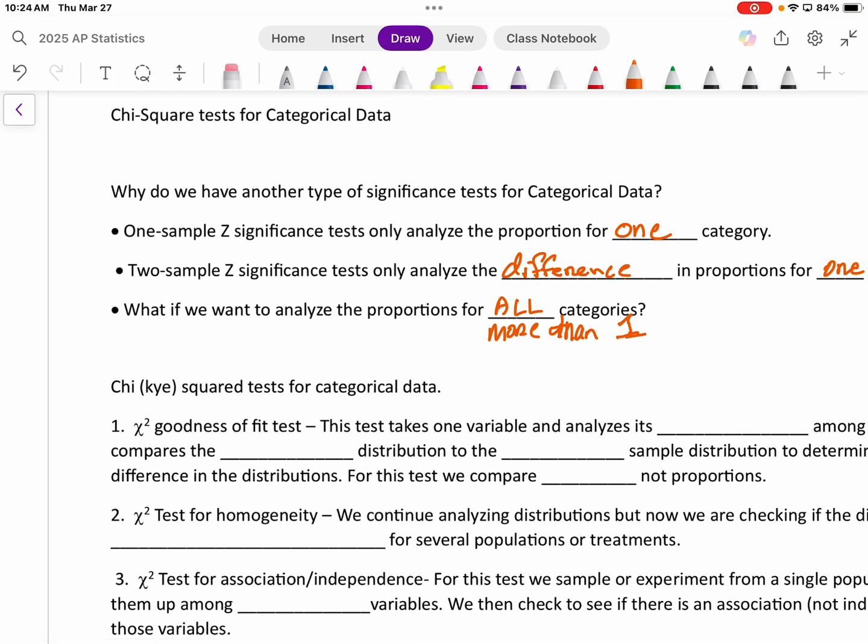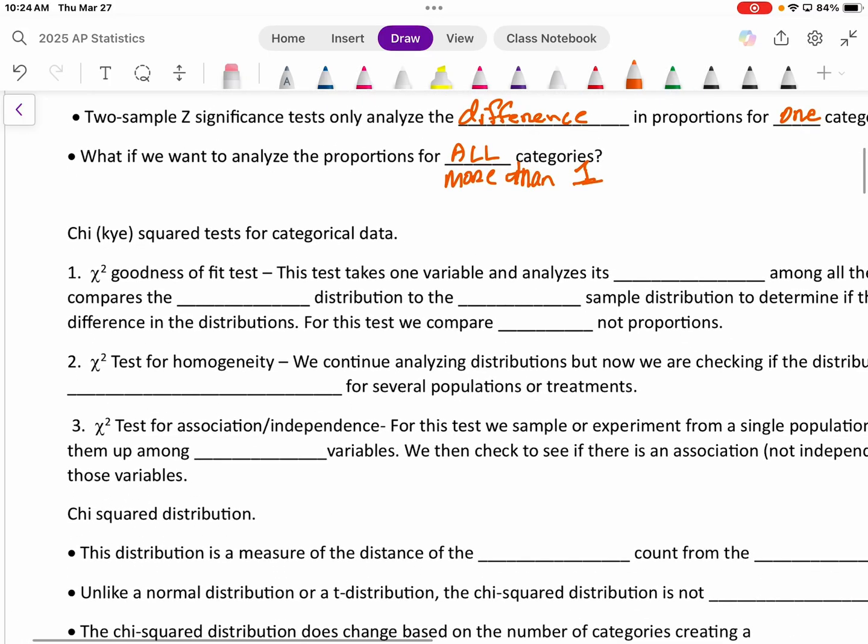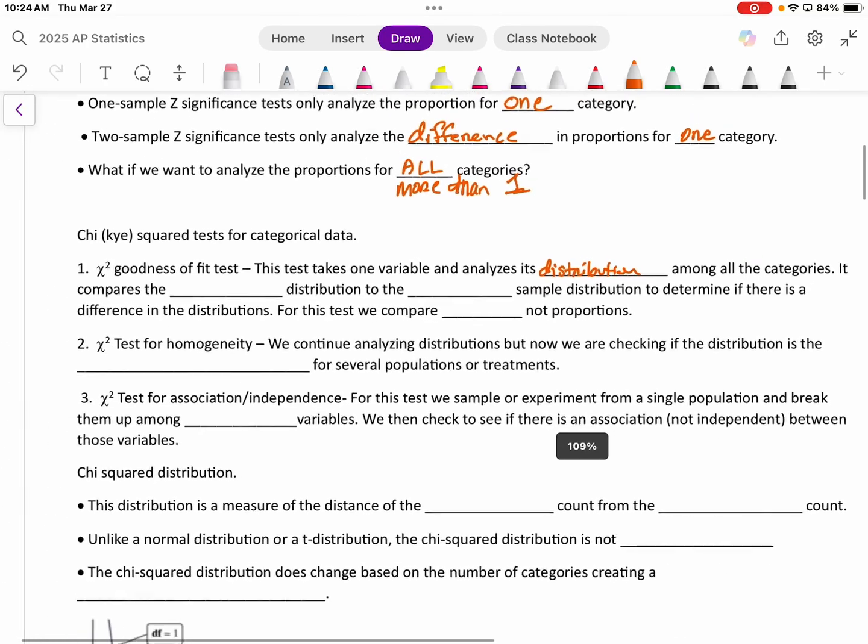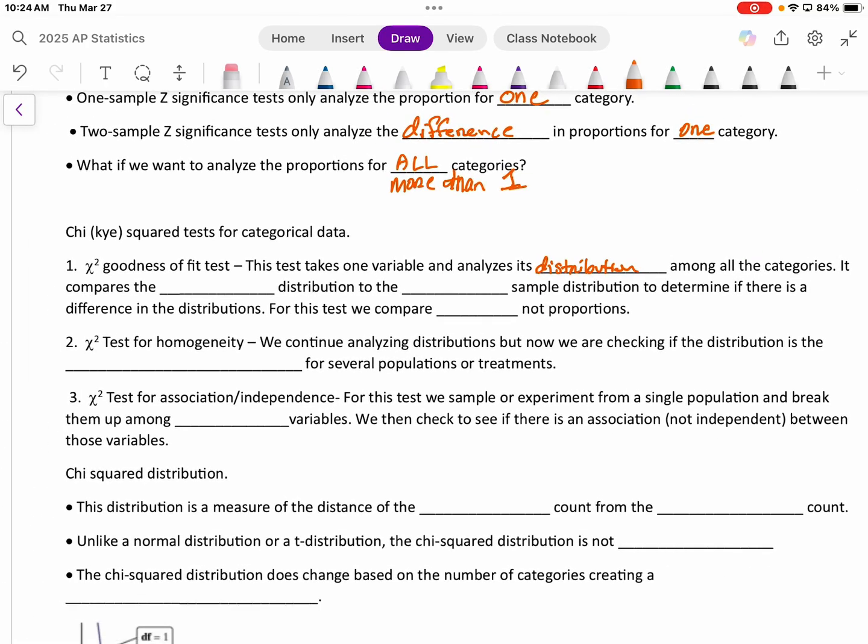We have three different types of chi-squared testing out there. We have the chi-squared goodness of fit. This test takes one variable and analyzes its distribution among all the categories. It compares the expected distribution to the actual.